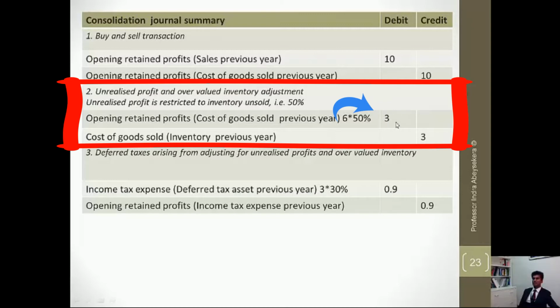It has earned the profit, and that profit is realized. Cost of goods sold: inventory in the previous period has now become cost of goods sold. To decrease the overvaluation of the previous period's inventory, therefore, we credit cost of goods sold, because this inventory has changed form to cost of goods sold, because it's a current asset.